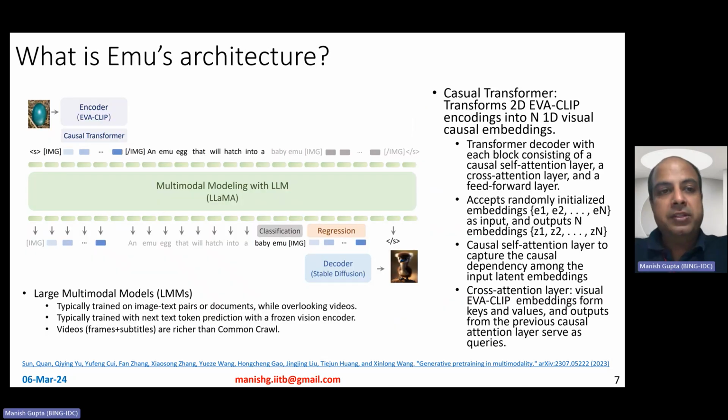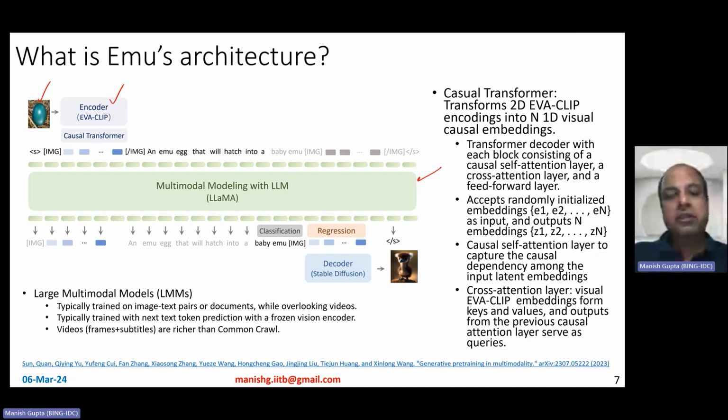Okay. So as you noticed, EMU is really awesome. So what does EMU's architecture look like? Essentially, EMU is a multimodal generative model, which can both take image and text as input as well as output image and text. Therefore, to take image and text as input, it must take the image, process it through some image encoder, and then pass it to a transformer model.